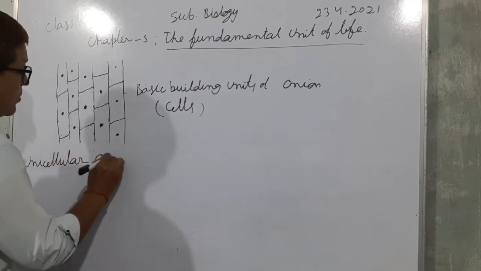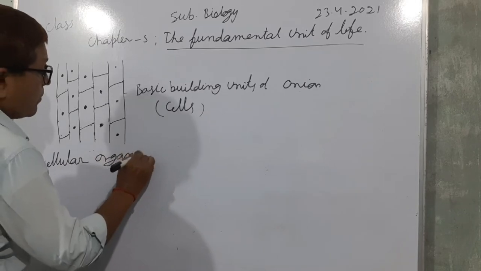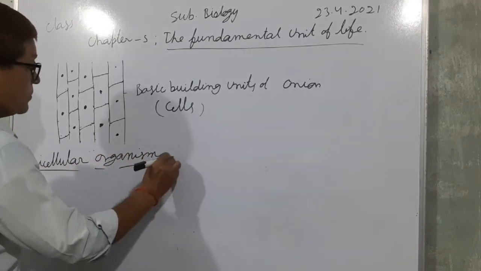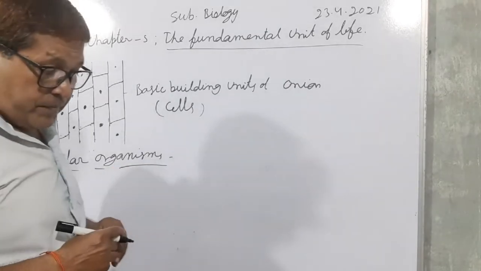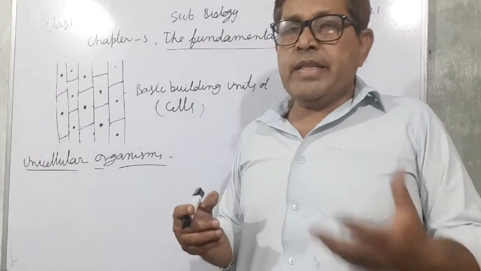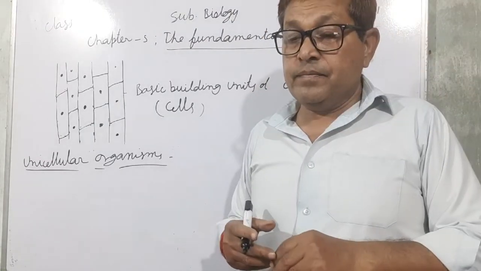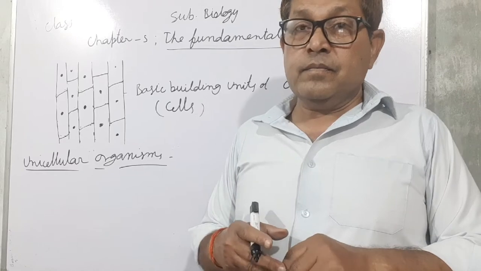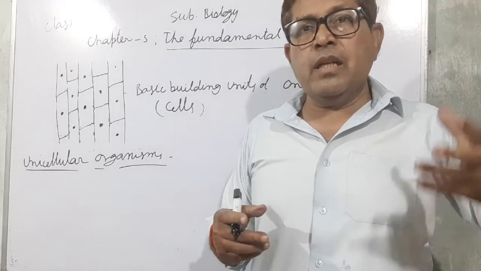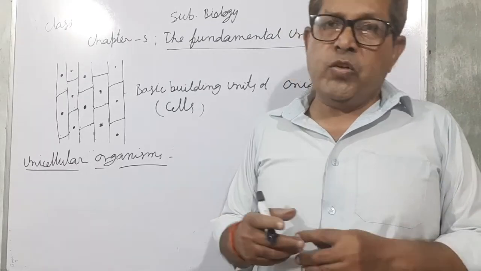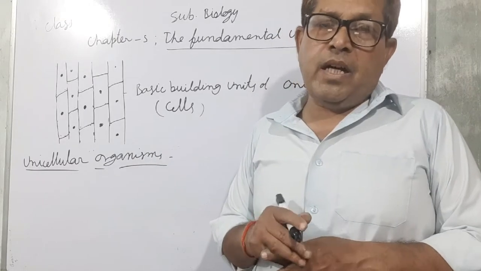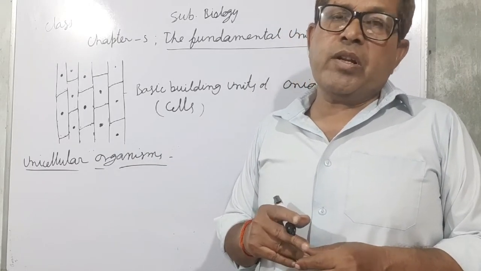In this case, a single cell itself lives alone, and such organisms are called unicellular organisms.